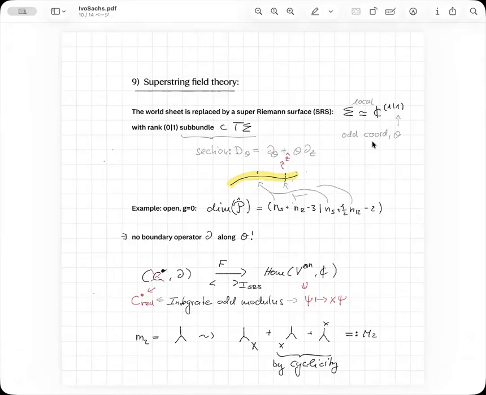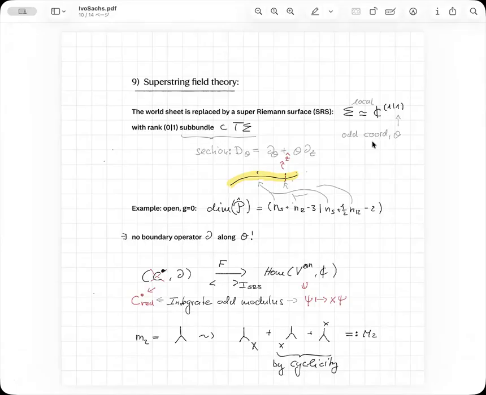But luckily, in string field theory, usually we don't face this problem, because we are only talking about vertices, which are small patches in the moduli space. And there, at least at the classical level, we don't have a problem. If you add higher genus, you may have to worry about it, but we are far from being there. So the splitness for us is not an issue. So locally, we can always do this.